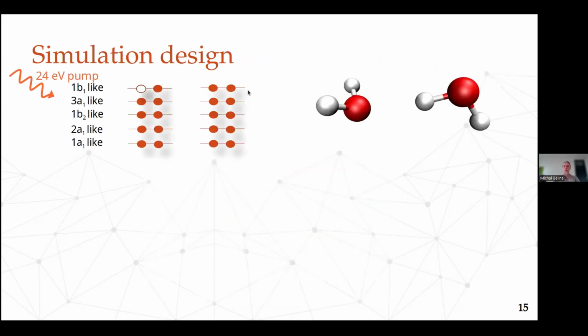So, one more insight into the water dimer structure. Here is just a very schematic depiction of the electronic structure. These balls represent electrons. One of these columns belongs to one water molecule, the other to the other water molecule, and with this 24 eV pump, as was shown previously, you can remove electrons from these 6 molecular orbitals. 3 for one water, but we have 2 waters, and the energies are almost the same.